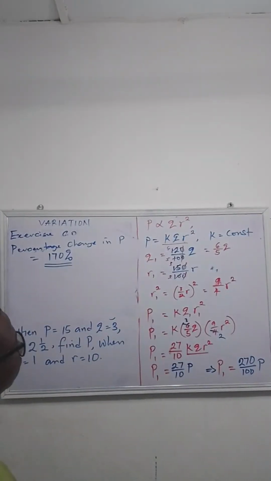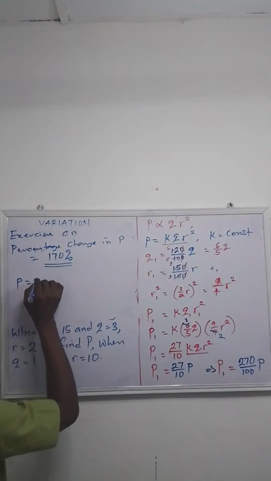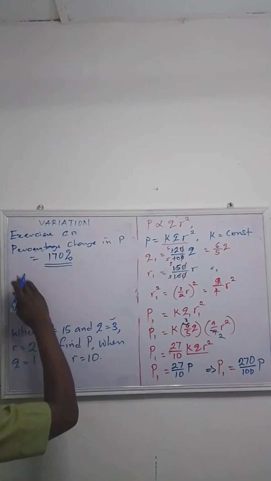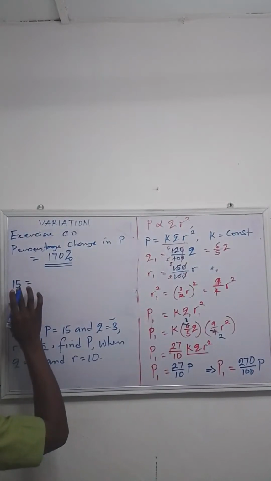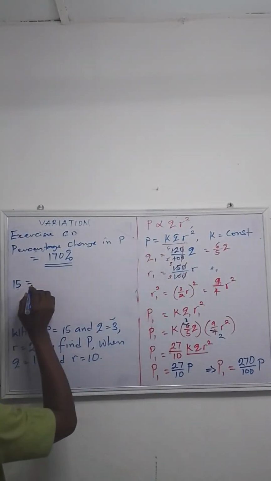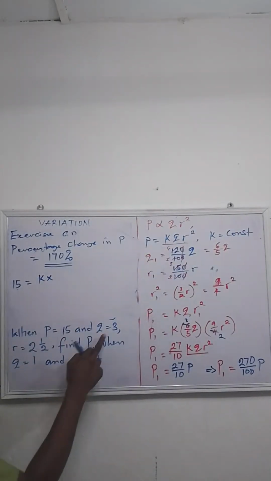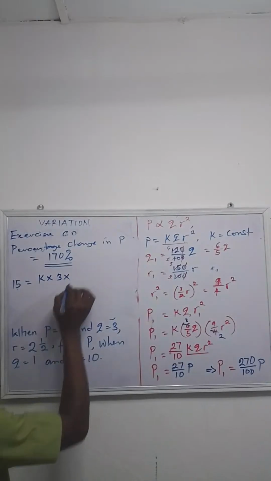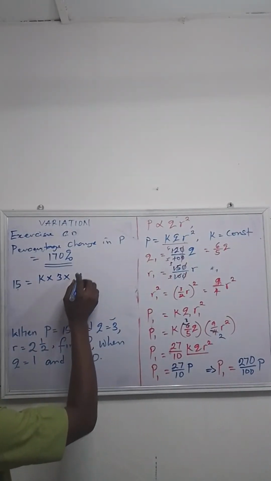So we have P equals, okay, P has been given. What is the value of P? That's 15. So just plug in 15. P equals K times Q. What is Q? 3. Times, what's R? R is 5 over 2.